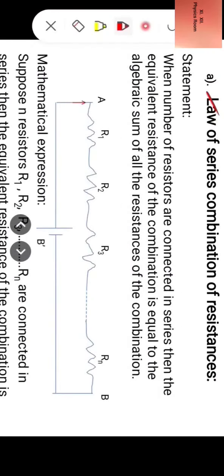Now, law of series combination of resistances. A statement of the law: when number of resistors are connected in series, then the equivalent resistance of the combination is equal to the algebraic sum of all the resistances of the combination.